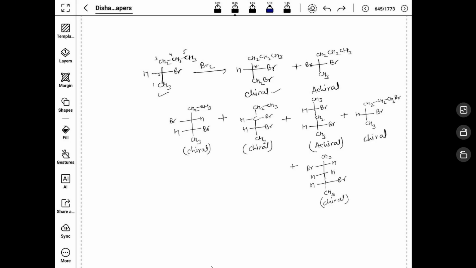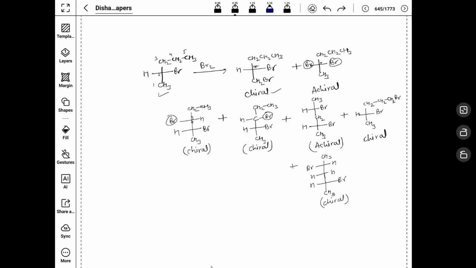Now another product in which bromination is going on carbon 2. In this case this carbon is not asymmetric because it has the same substituents, so this is achiral. Now the third product is possible by brominating the third carbon, and this gives a chiral center, therefore there is a possibility of its diastereomer. So the bromination can go on the other side to give the diastereomer.